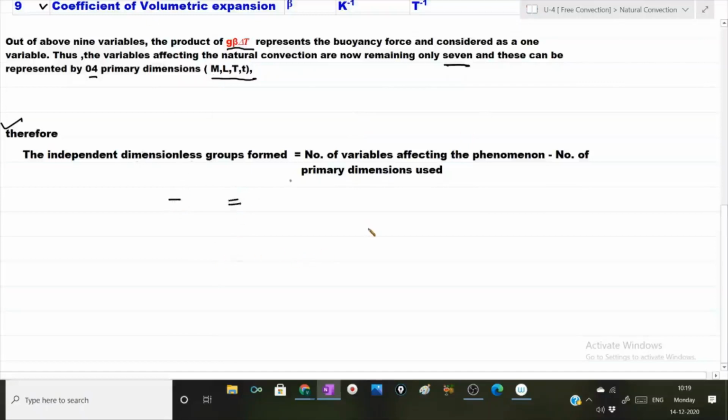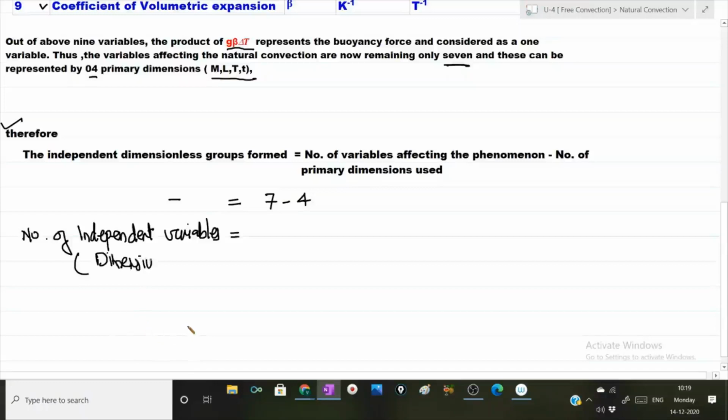So how many variables affect the free convection phenomenon? 7. And in how many primary dimensions can they be represented? 4: M, L, capital T and small t. So the number of independent groups will be 3, and they will be dimensionless. Mind well this.